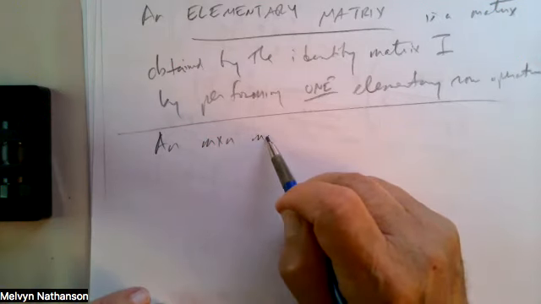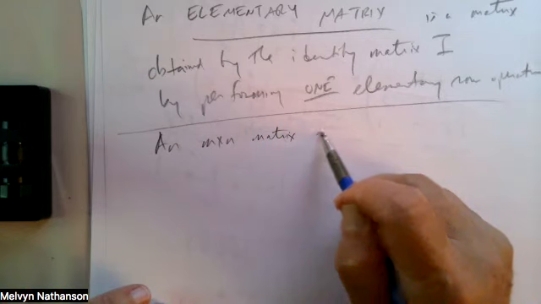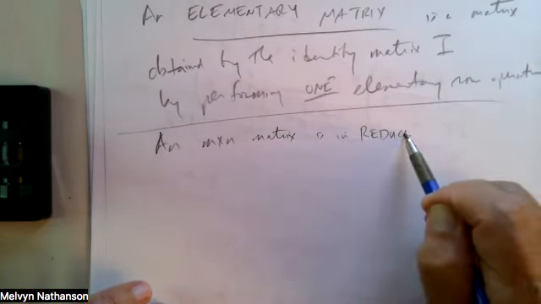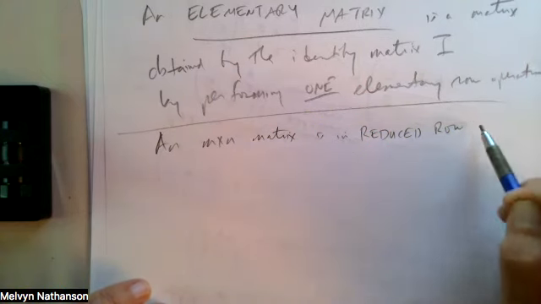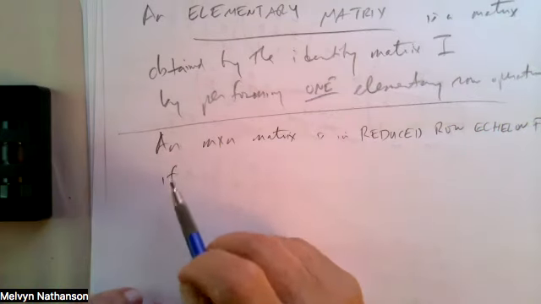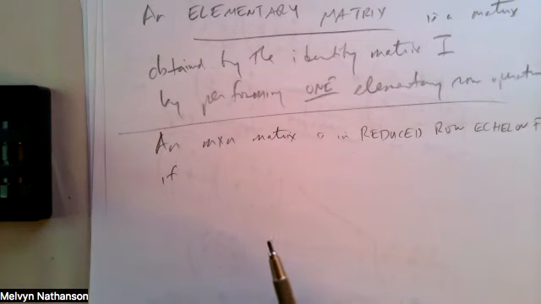An m by n matrix is in what is called reduced row echelon form if it satisfies the following properties.